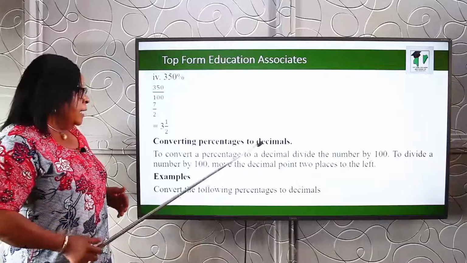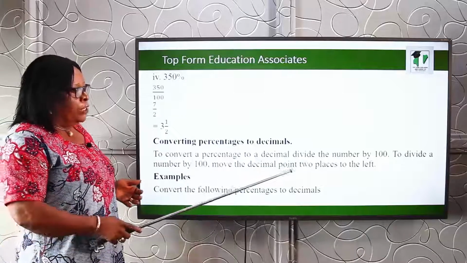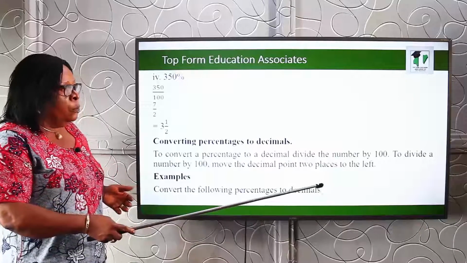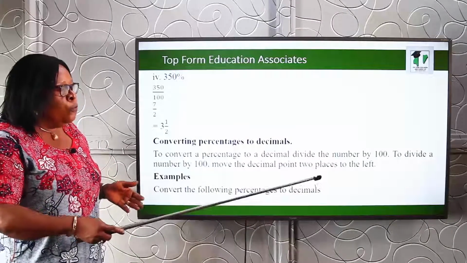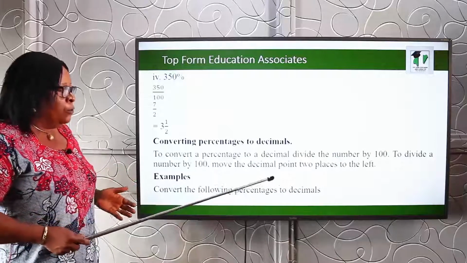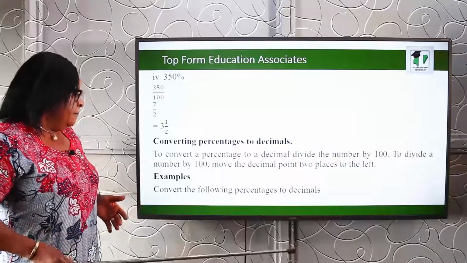To divide a number by 100, move the decimal point 2 places to the left. When you are dividing, you move the decimal point 2 places to the left. But if you are multiplying, you move to the right.